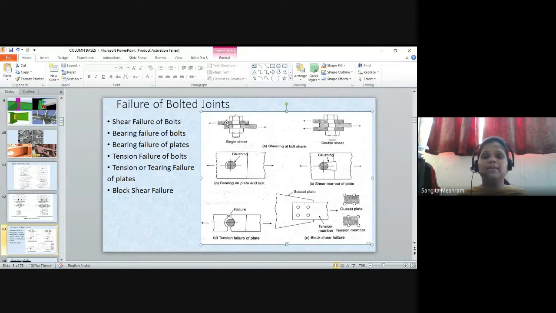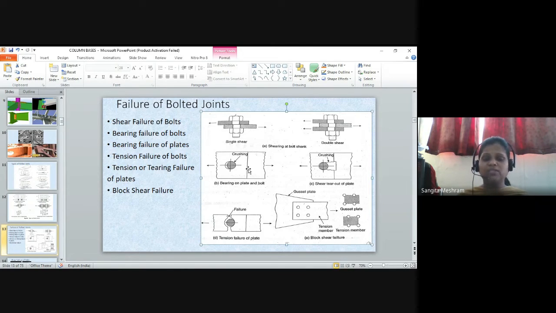Okay. Then bearing. So if the bolt gets away from its original position, थोड़ा सा आपका पोजीशन में चेंज हो गया, so this is nothing but bearing failure of plate और bolt. ठीक है. प्लेट भी आपके पोजीशन चेंज हो सकती है या फिर बोल्ट, it will have some different position due to the action of forces.